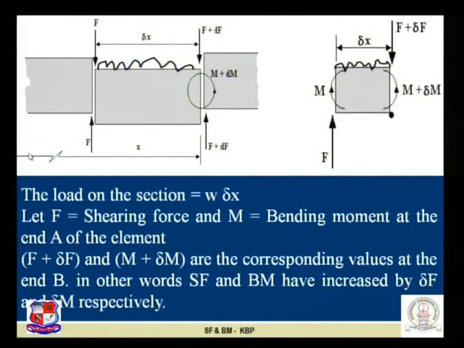We are taking a section from the left side, shown over here, at a distance x, and let us consider a short span delta x. To derive the relation between the shear force and bending moment, let us take this small part of our beam, of length delta x.